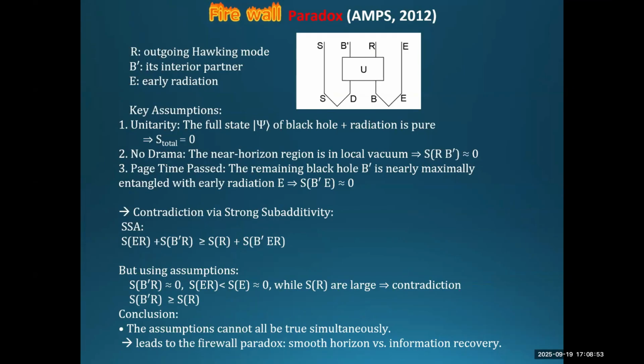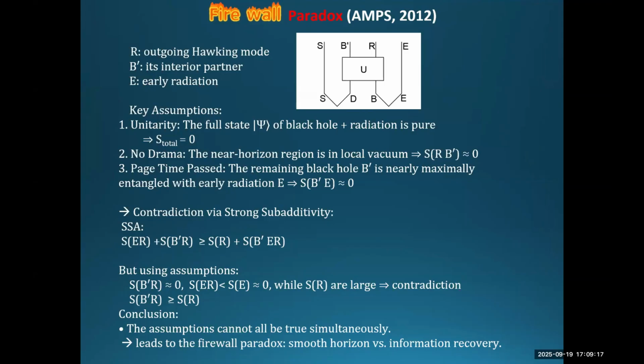They attacked this protocol. They assume unitarity: radiation and black hole together are unitary, so the total entropy is 0. No drama: the horizon is a local vacuum, and you can use semi-classical gravity.